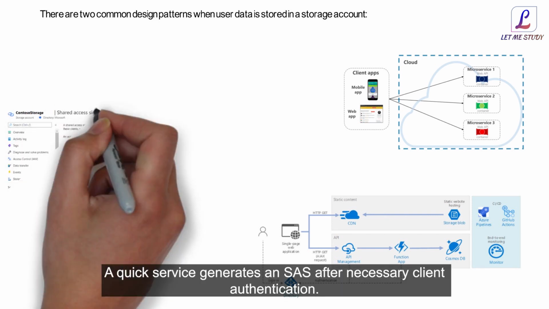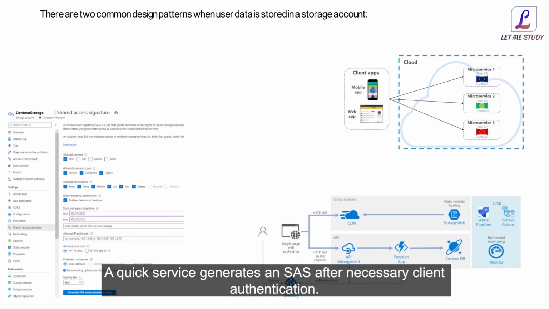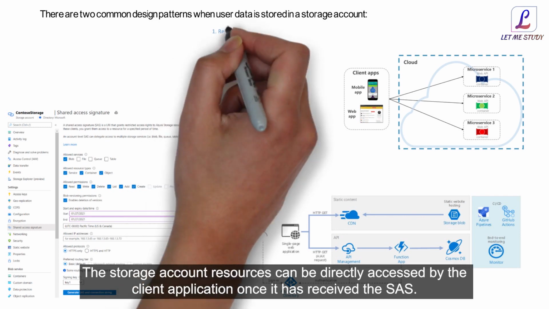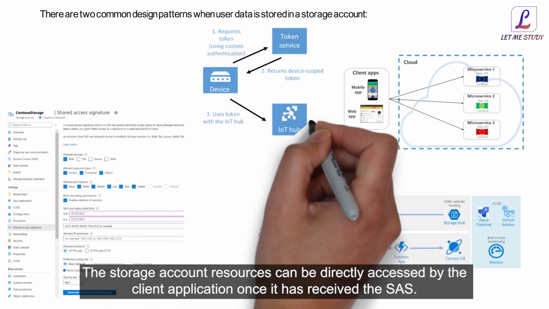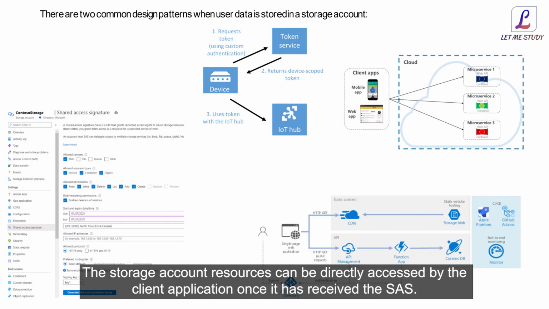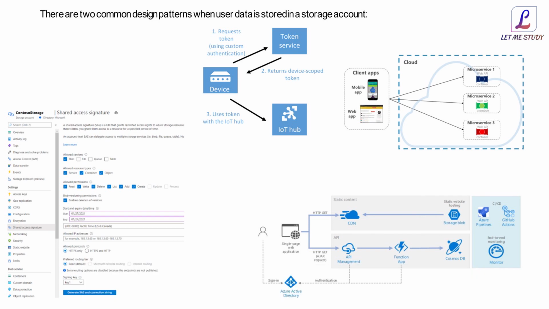Second, a lightweight service generates a SAS after necessary client authentication. The storage account resources can be directly accessed by the client application once it has received the SAS. The SAS establishes access restrictions during the time period it permits.